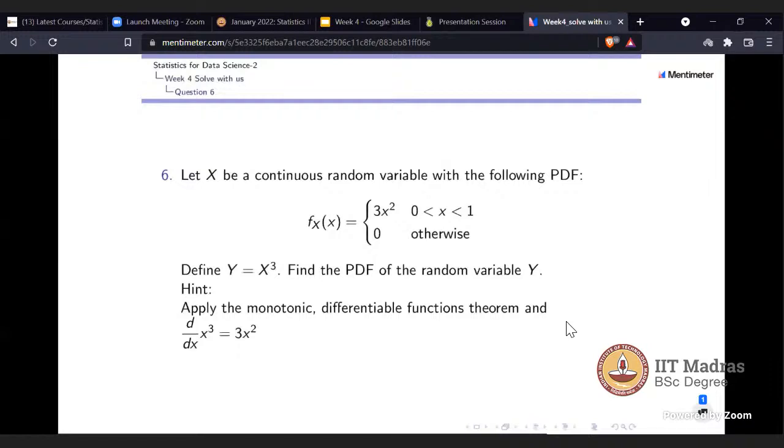For now you should just know that if the function g of x is monotonic in the support, and in this case it is x cube. If you draw the graph of x cube in the 0 to 1 range, it is monotonic increasing. So in that case we can differentiate it and use the formula to get the PDF of y.